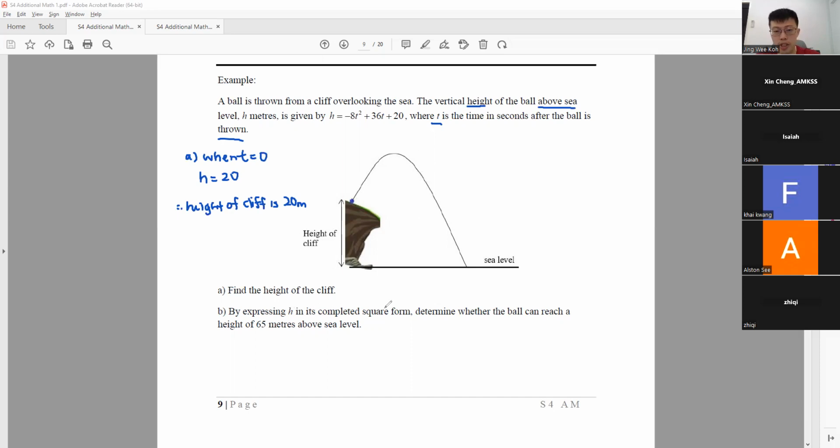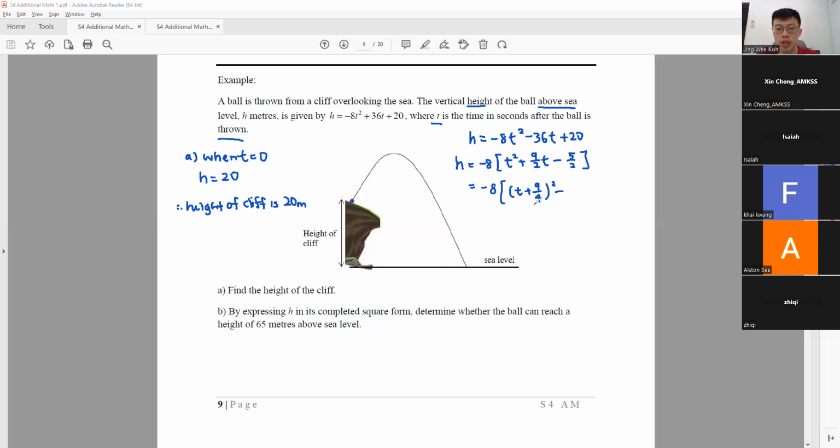Next, by expressing h in completing the square, determine whether the ball can reach a height of 65 meters above the sea. So complete the square now. I factorize 8 because the coefficient of my t square has to be 1. So this becomes plus 36 over 8, 9 over 2. Then this one becomes minus 5 over 2. Okay, so now complete the square. What contains this? T plus 9 over 4, just divide by 2.